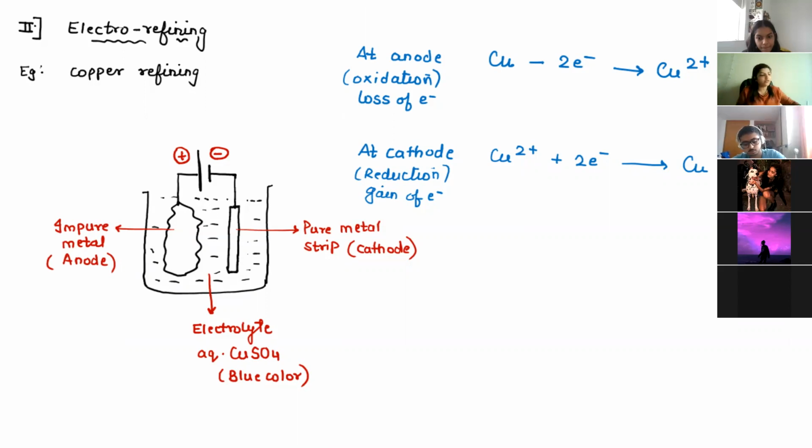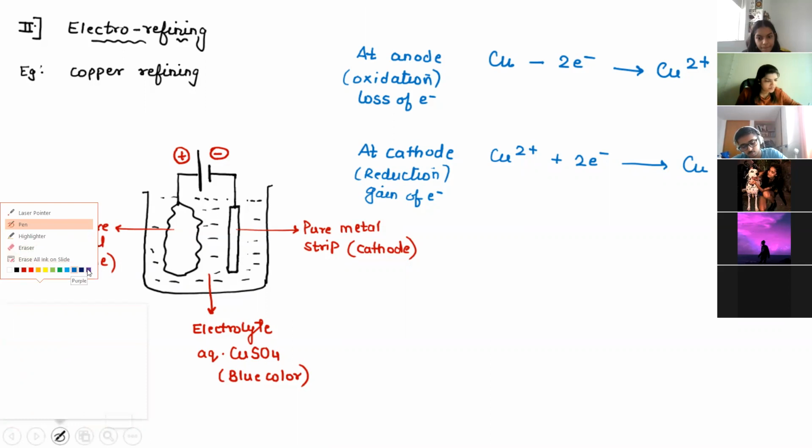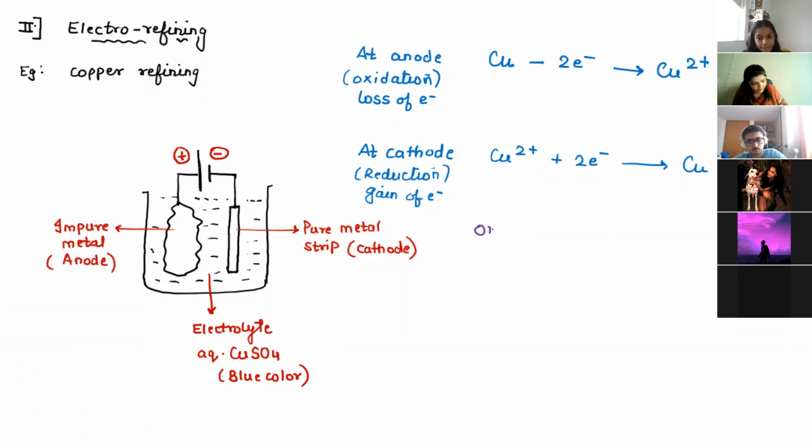Now there is an observation over here. Can anybody tell me what could be the observation? If from impure metal the copper is deposited, what happens to impure metal?